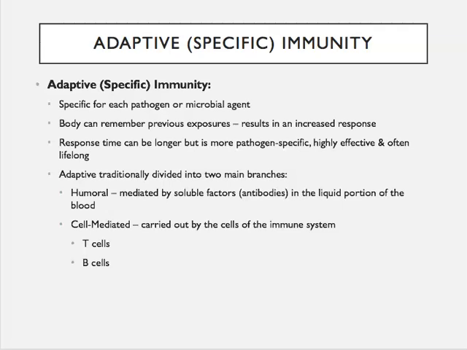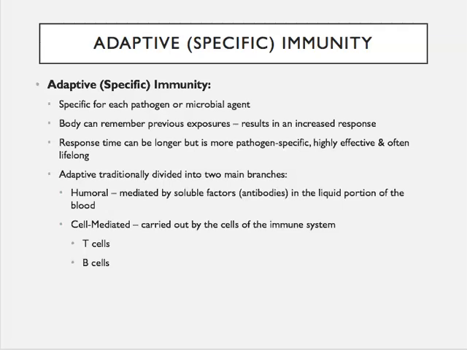So remember when we were talking about innate immunity, this is just your non-specific natural host defenses that are activated with any kind of foreign pathogen, and it's immediate response. So this is kind of the opposite. Our body has already been in contact with a pathogen previously.